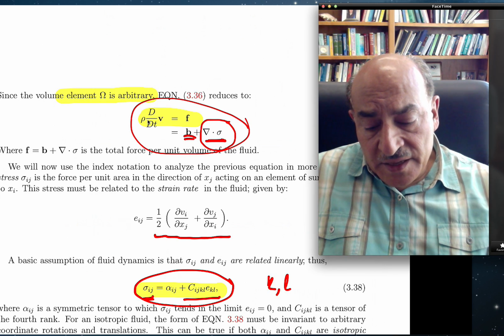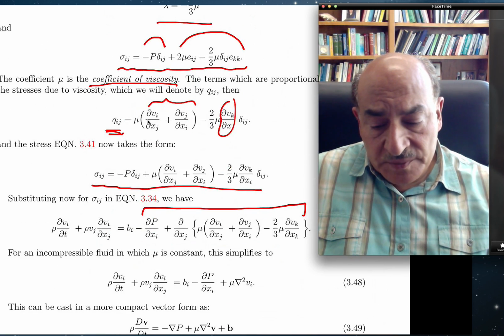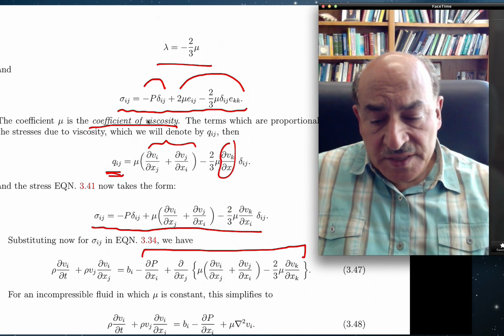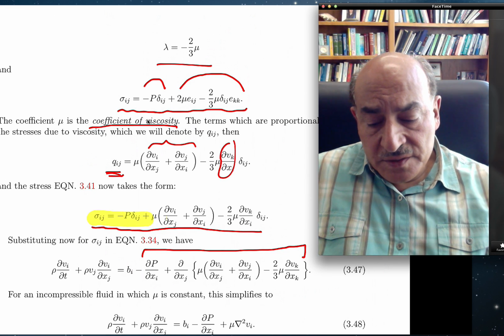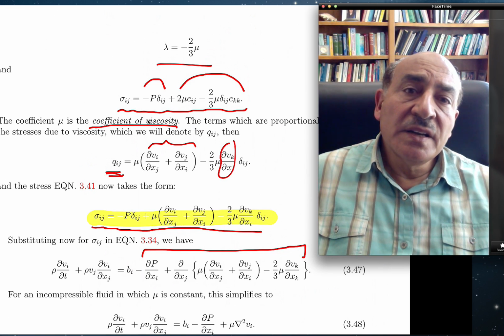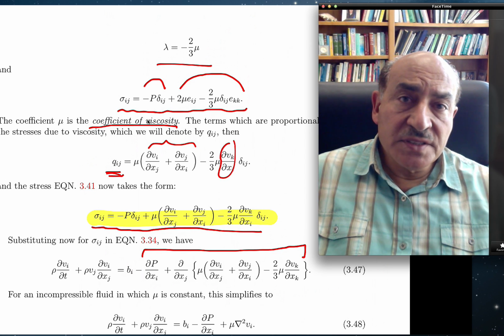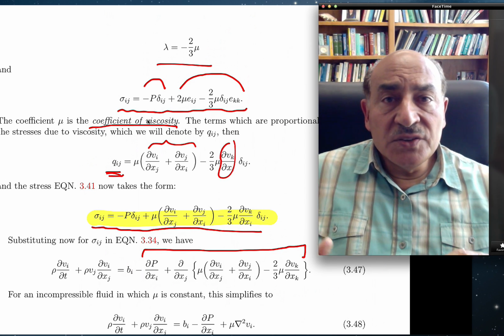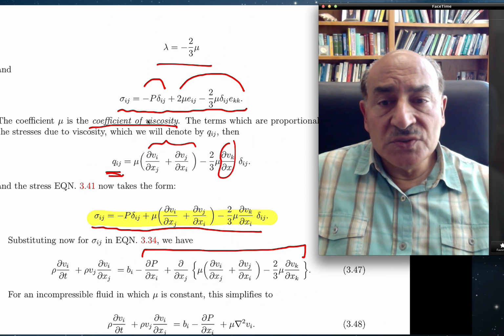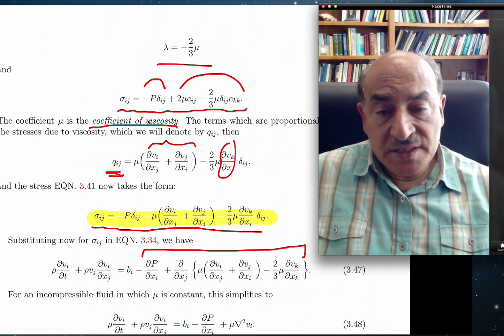Then we obtained a special form, which is now this linear relationship, and that is ready now to be introduced in a divergence. And the divergence means you take the derivative with respect to the j component or xi component.